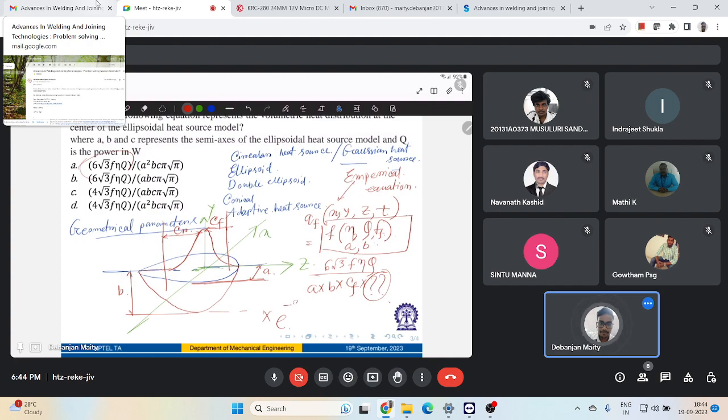So for 3D, you have e to the power minus 3x squared by a square into e to the power minus 3y squared by b square into e to the power minus 3z squared by c square.